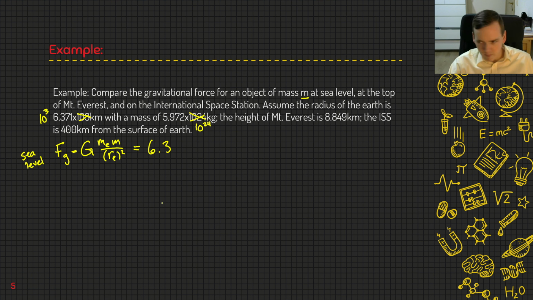The gravitational constant is 6.673 times 10 to the negative 11th newton meters squared per kilogram squared.